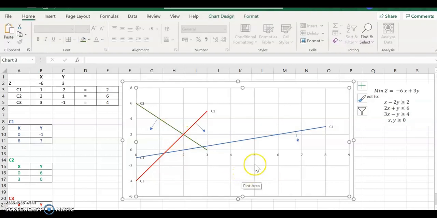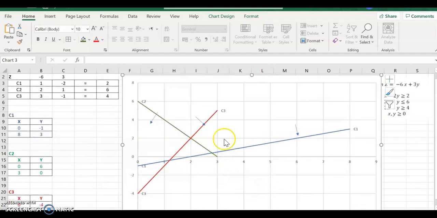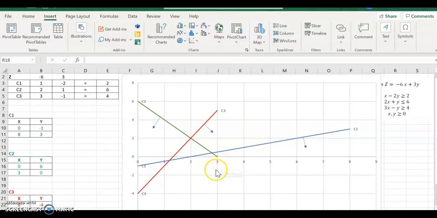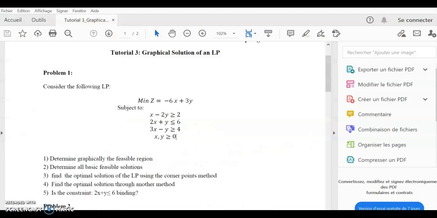So the intersection of the areas limited by each of these constraints is actually this area. So this is our feasible region. We have determined our feasible region as we have been instructed by the first question.